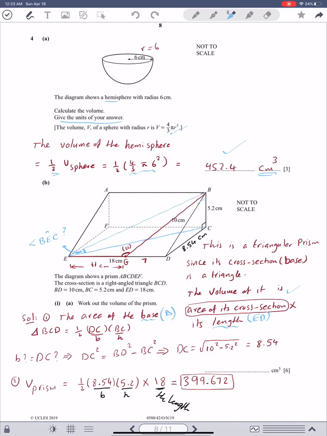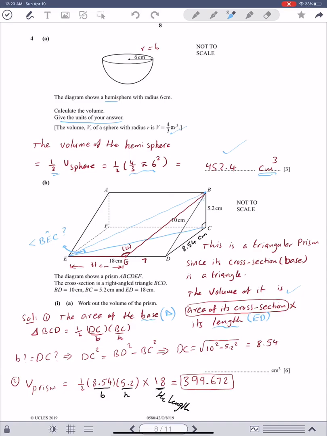I can't see the angle BEC. Why? Because B is the vertex on the top of this prism, and FCDE is the plane of the base. So to show and label the angle, we draw the diagonal of the base, which is CE, as I did in blue color.